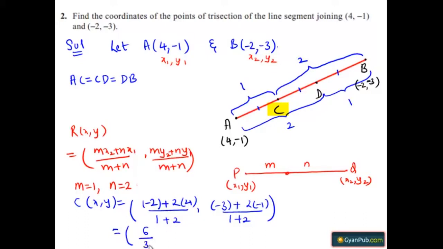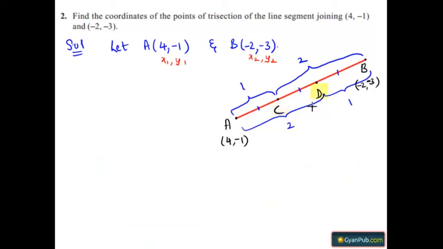That equals -2 plus 8 is 6, divided by 3, comma, -3 plus -2 is -5, divided by 3. That equals (2, -5/3).